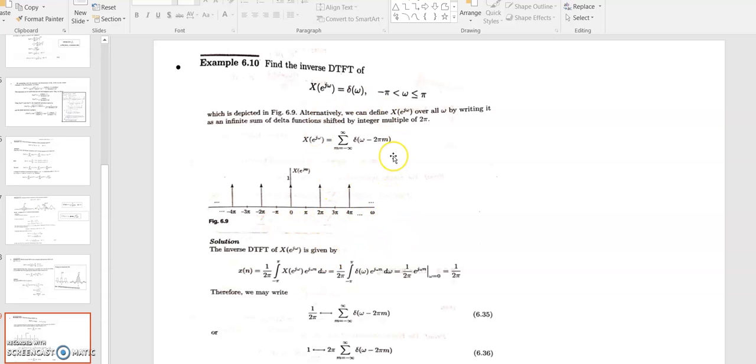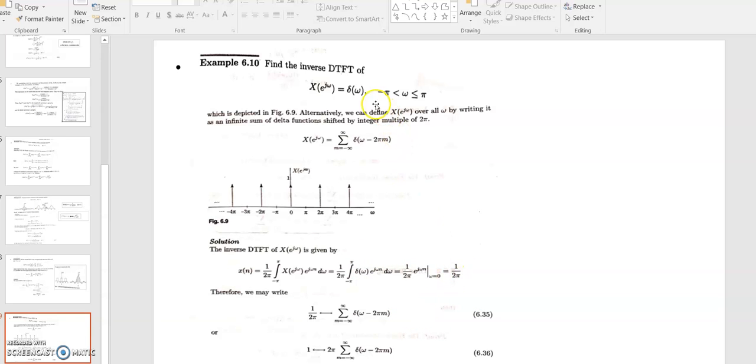So you have to calculate the IDTFT of this function. We have taken the formula and put this value in it. The integration is from minus pi to plus pi, as given in the formula, of delta omega. Apply the impulse property, and by solving the integration we have 1 upon 2 pi, right?